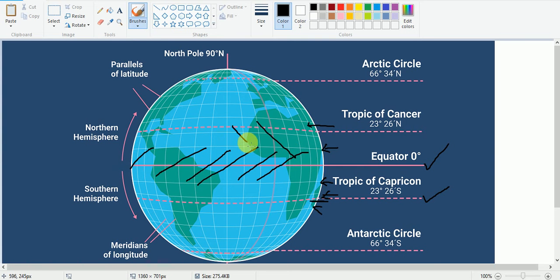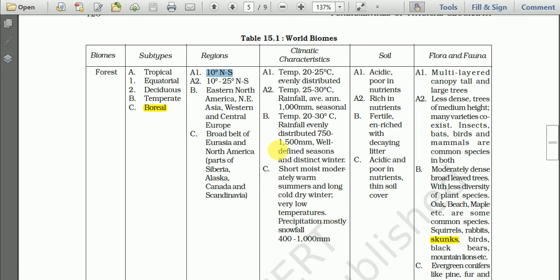So in this region, we find these deciduous forest biomes.